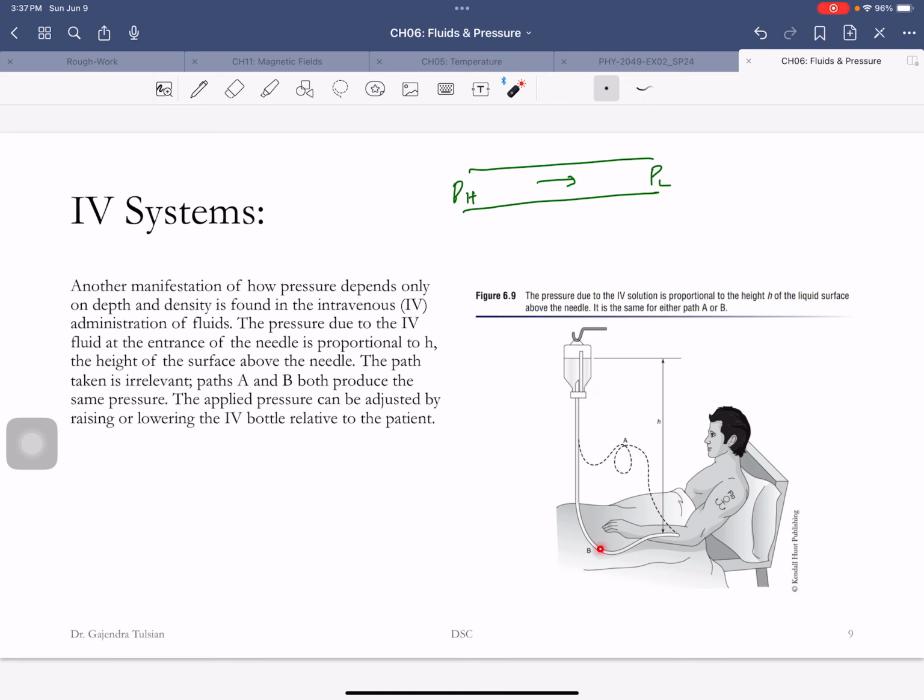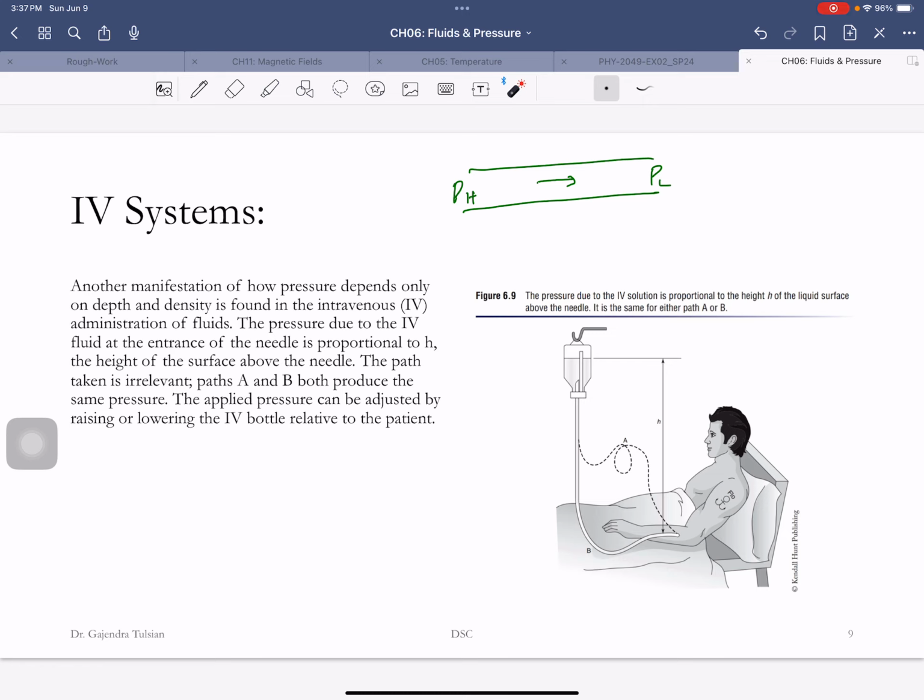Here's an IV system. If you want this fluid to flow into the veins of this patient, the blood vessels have a pressure in them, so the pressure due to this column should be greater than the blood pressure for the fluid to flow into the patient.